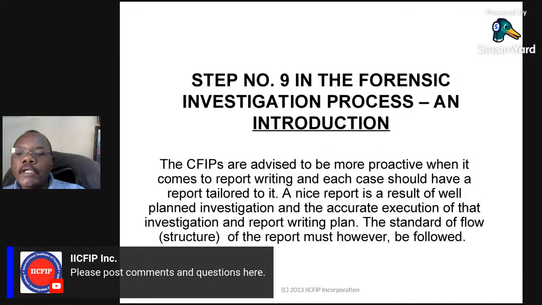Therefore, the foundation of our good investigation report is a well planned and executed forensic investigation assignment.